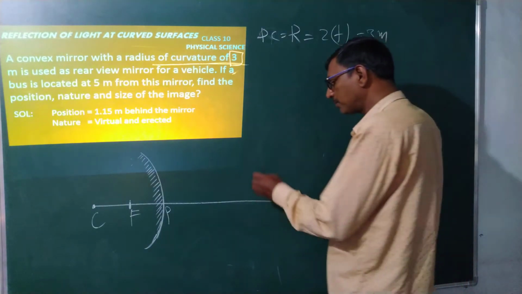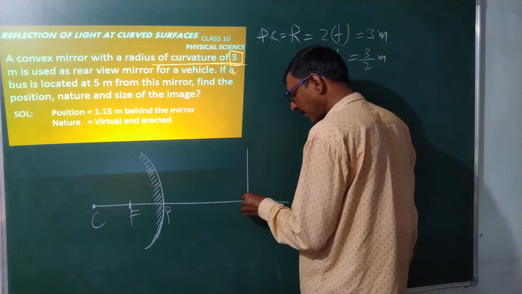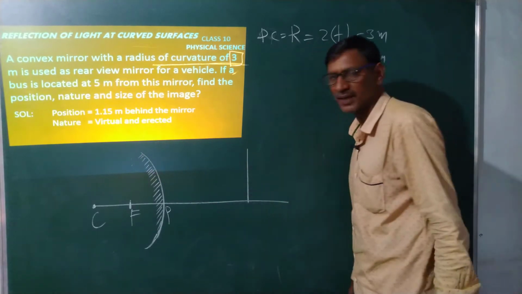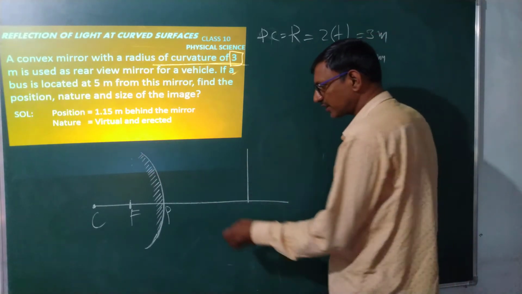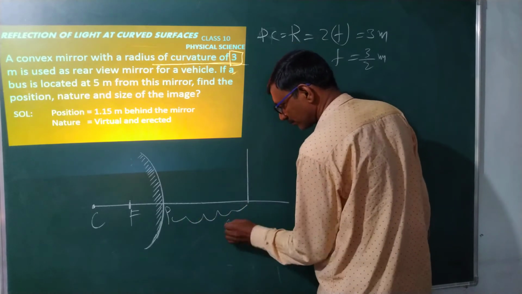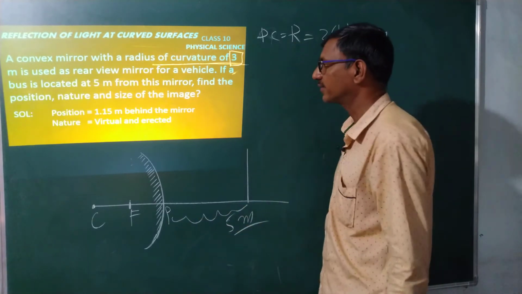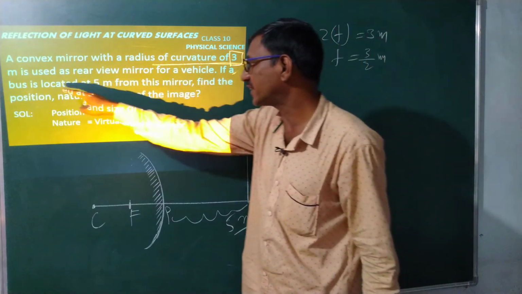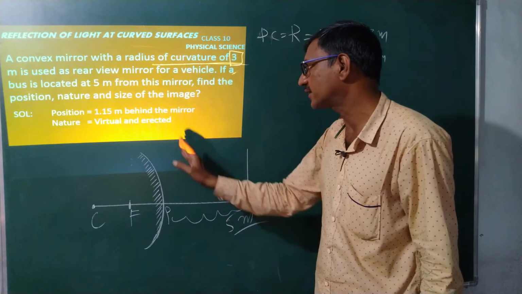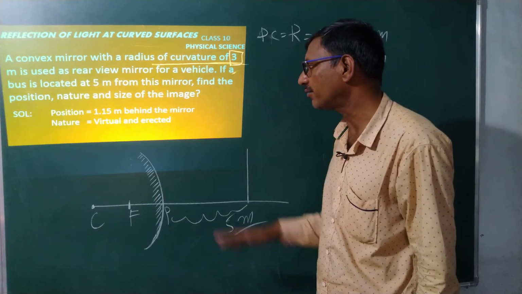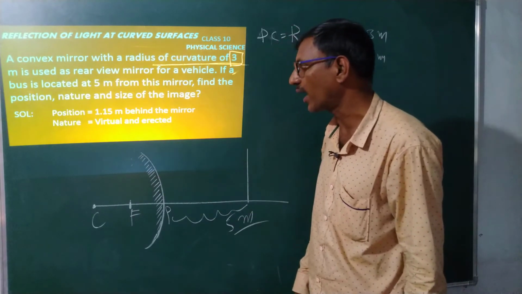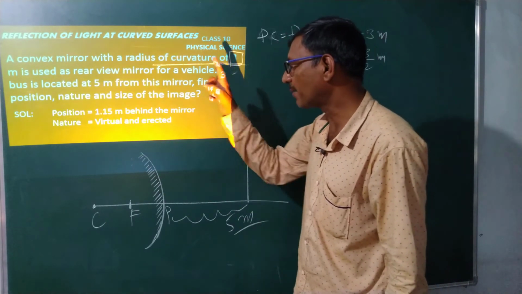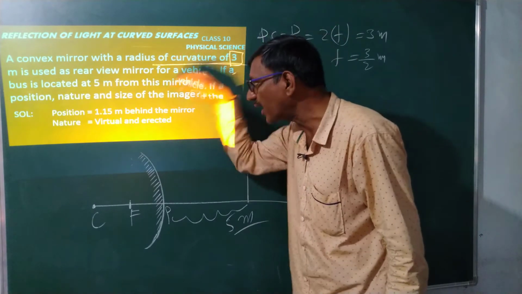And an object in front of the convex mirror at a distance of 5 meters, that is given. See here. If a bus is located at 5 meters from this mirror, find the position, nature and size of the image.